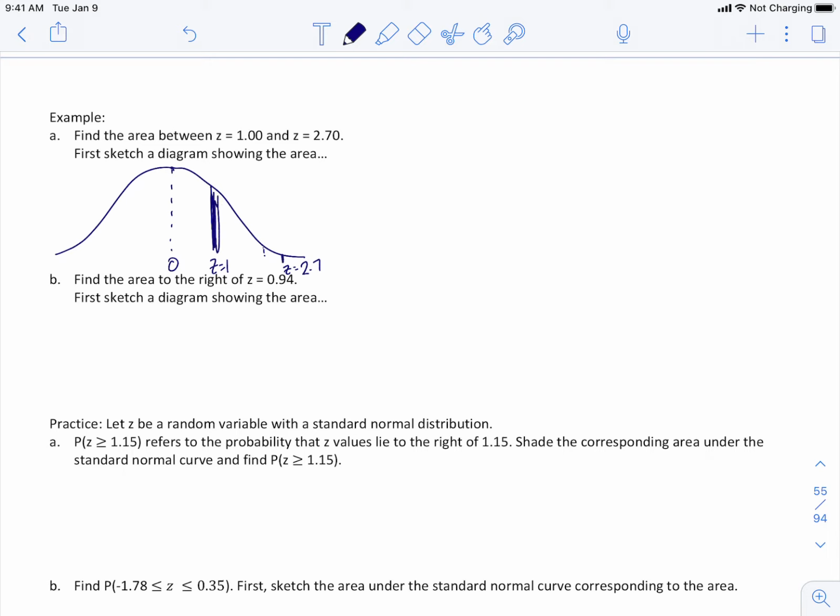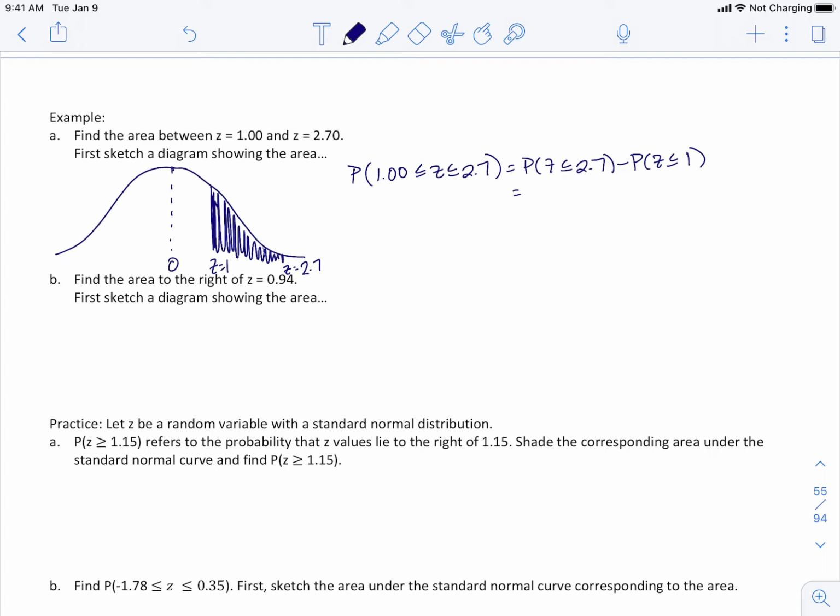So we're looking for this shaded area between 1 and 2.7. So we want the probability that our z value is between 1 and 2.7. So we're going to do the probability that z is less than or equal to 2.7 minus the probability that z is less than or equal to 1.